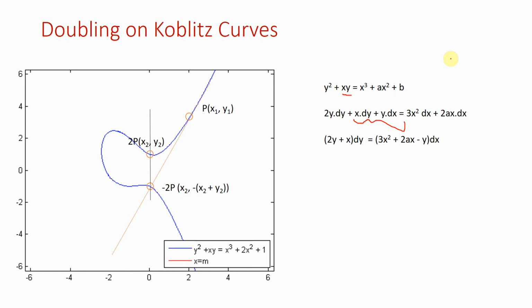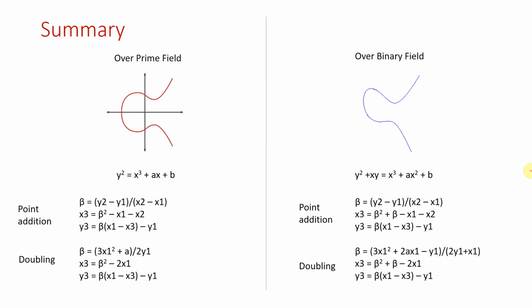I need to find the dy value, dy over the x. In other words, the derivative of y with respect to the x, and it will become this for doubling on Koblitz curves.